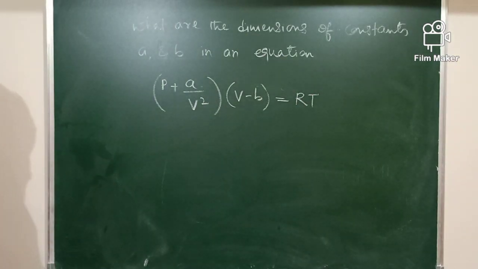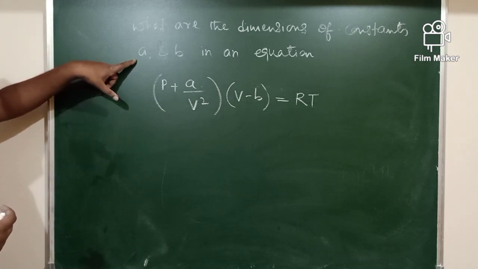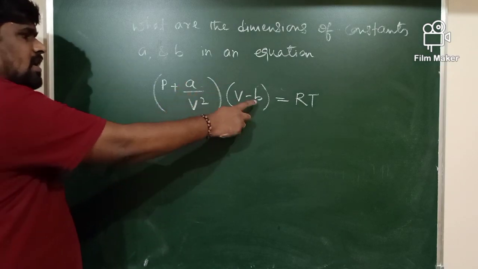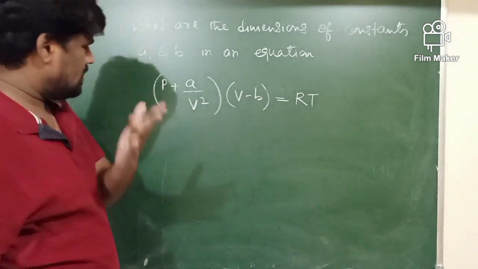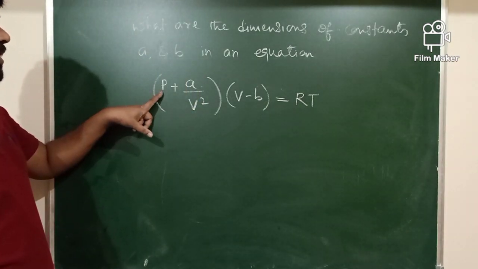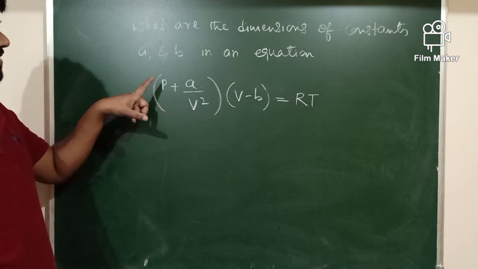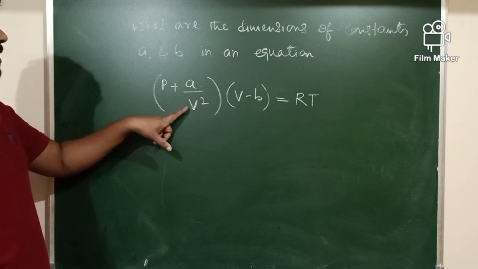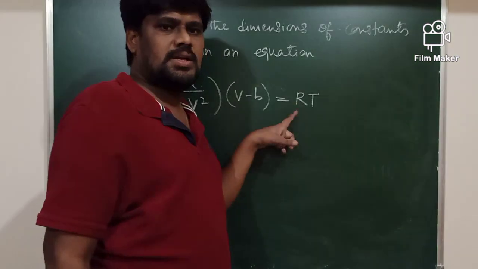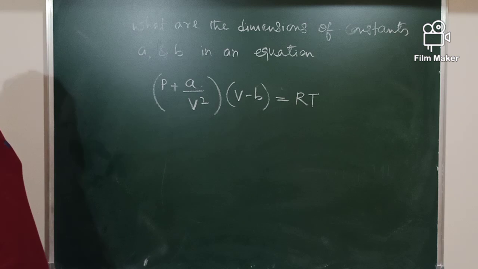In this equation, we have to find the dimensional formula of the two constants, one is A and another one is B. Of course, they will give the meaning of the terms. P is the pressure of a gas, V is the volume of a gas, R is a constant called the universal gas constant, and T is the temperature.